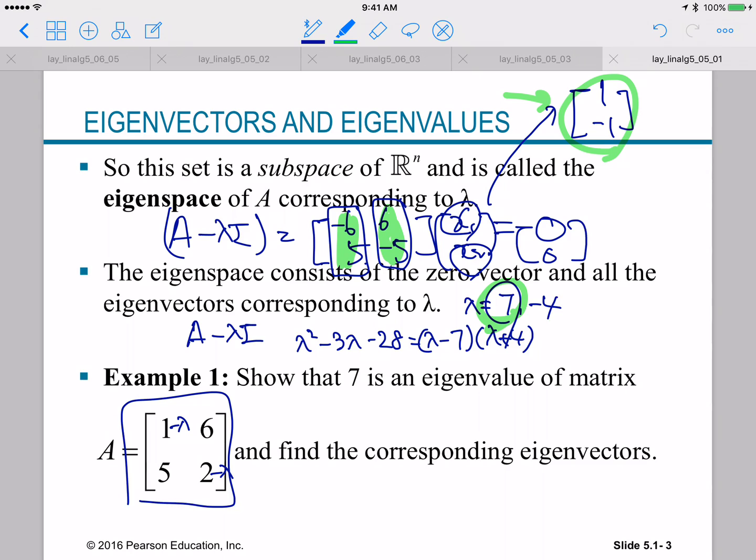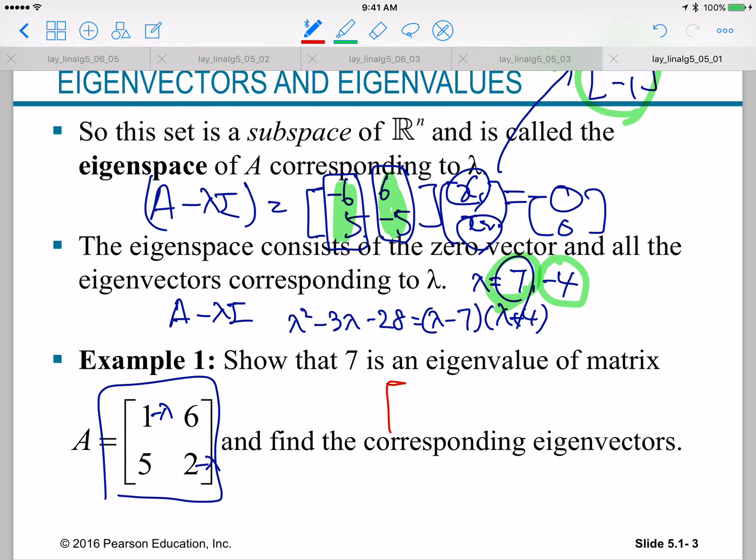And now we move on to minus 4. Let's just apply it from A. So 1 minus minus 4 will become 5, right, from here. And then 2 minus minus 4 will become 6, and 6, 5.